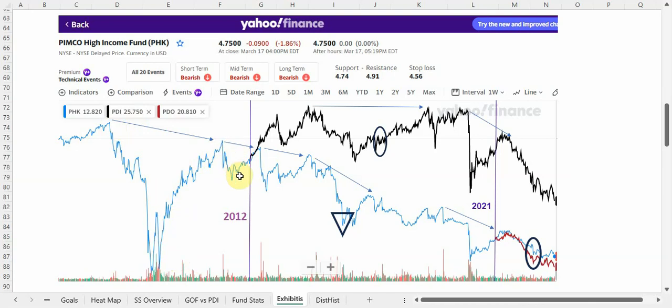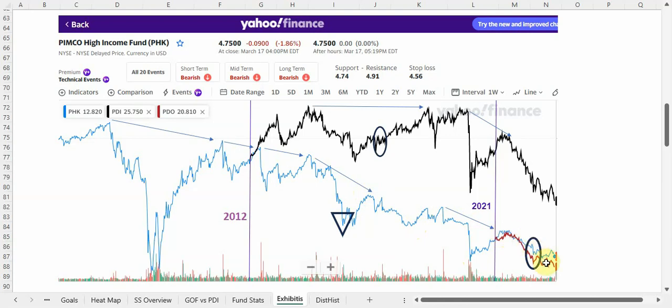And for the same reason, it was recovering at a reasonable pace, but never quite got back to its previous high until the market got hit again, and the fund got smacked down once again, never quite getting back to its previous high before the market got smacked again, and never quite getting back to its previous high, and the fund has been in free fall ever since.